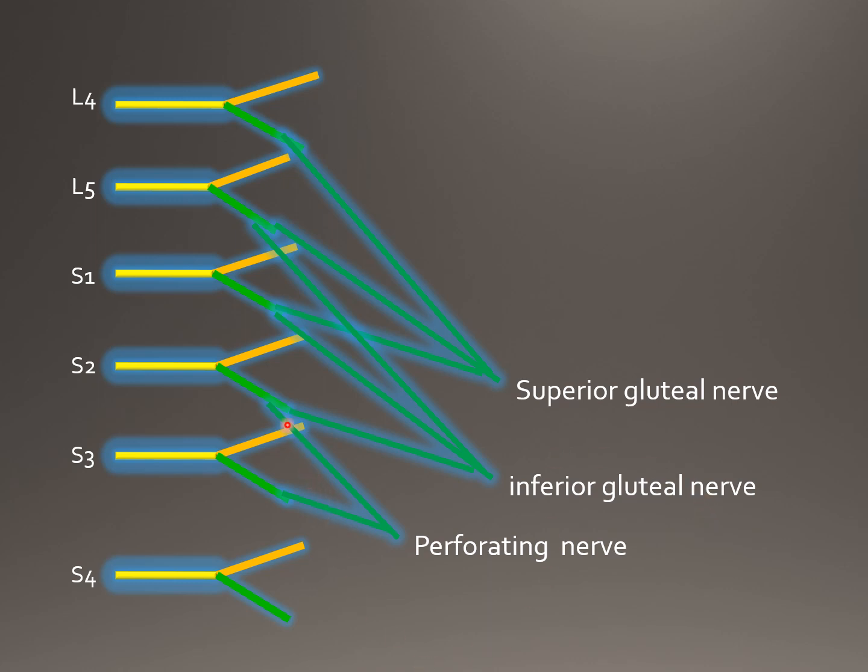Next, dorsal branch of ventral rami of S2 and S3 gives rise to perforating cutaneous nerve. This nerve pierces the sacrotuberous ligament to supply the skin of the lower part of the buttock.